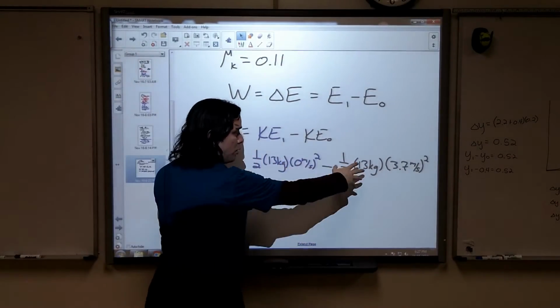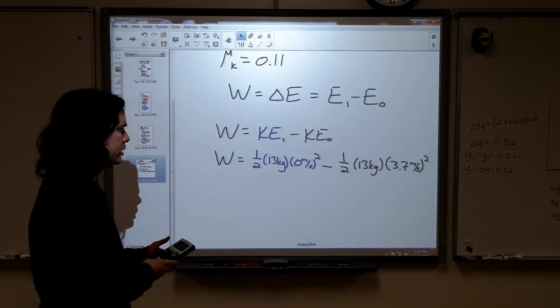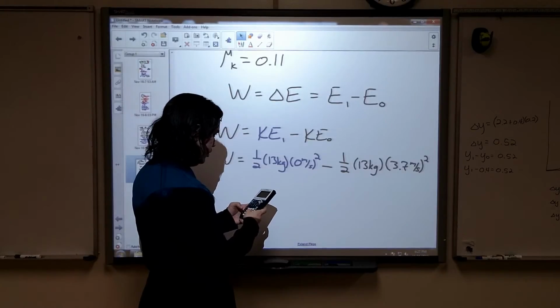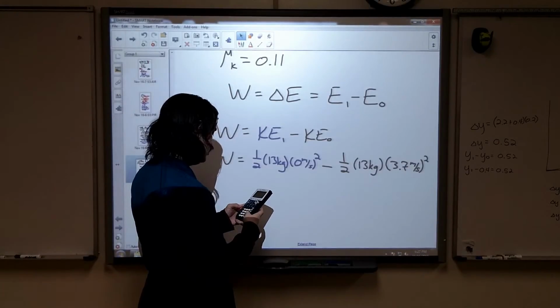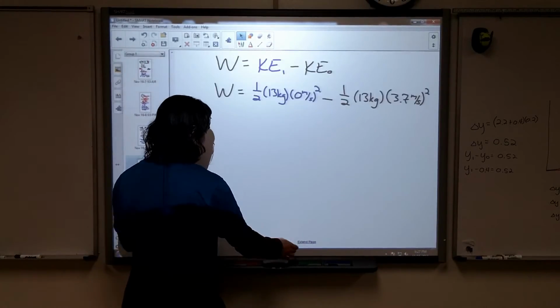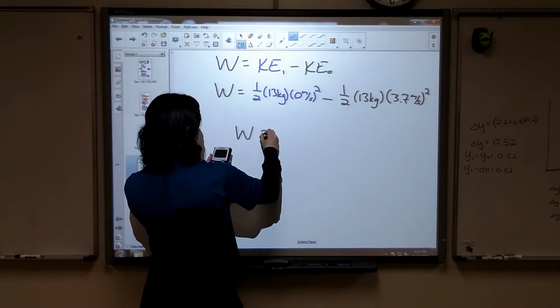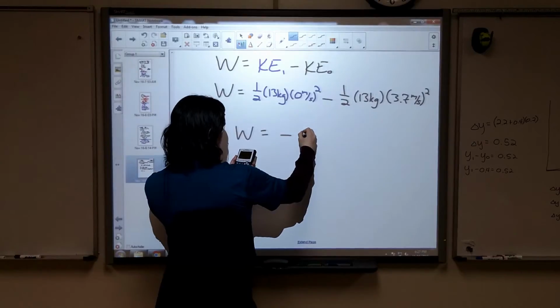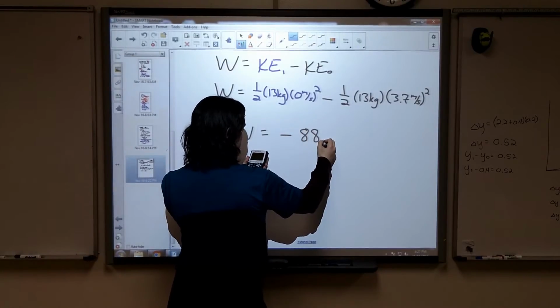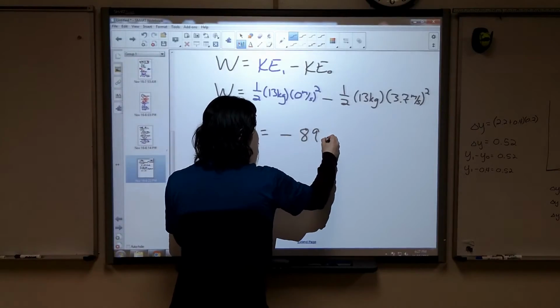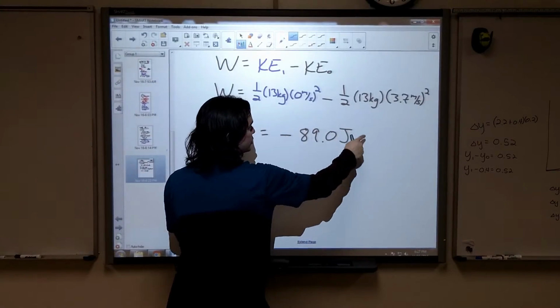So this is 0 minus, well, look at that, our work is going to be negative 3.7 squared times 13 times 1/2. If I've done this correctly, I come up with my work being equal to negative 88.9, actually 89.0 joules.